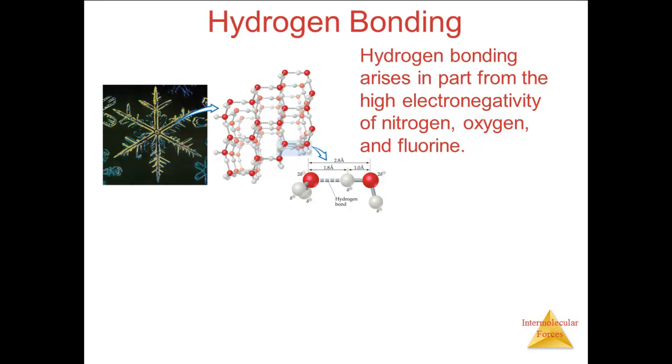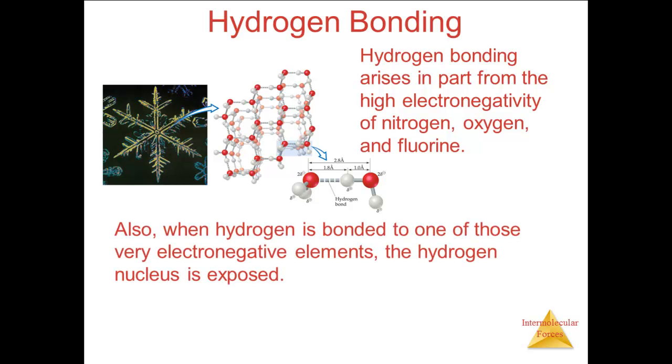Because the atoms, fluorine, oxygen, and nitrogen, are small, this means that there is a strong attraction to the electrons in the bond. So there is relatively little electron density from the bond around the hydrogen atom, which means that there is little electron density around the hydrogen nucleus at all. This means that the nucleus, the proton, is nearly bare and can be attracted rather strongly to any other electrons, usually an unshared pair of electrons on another molecule.